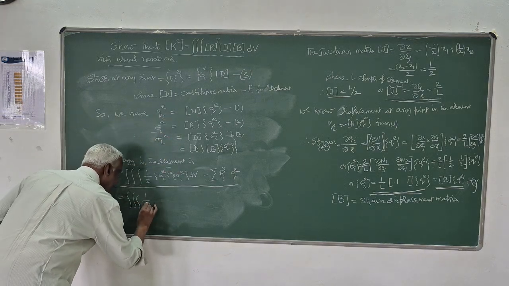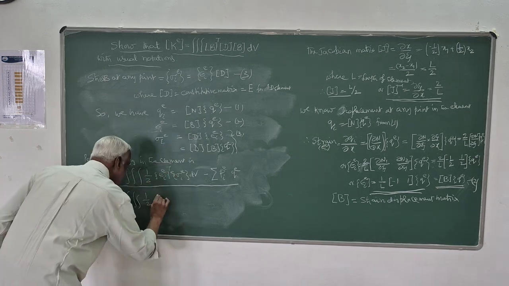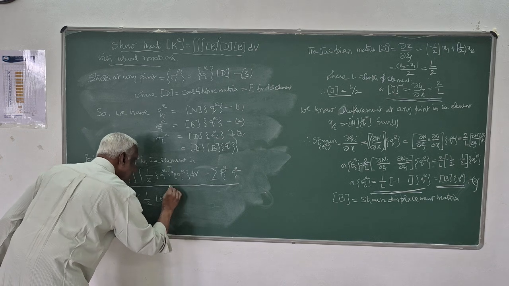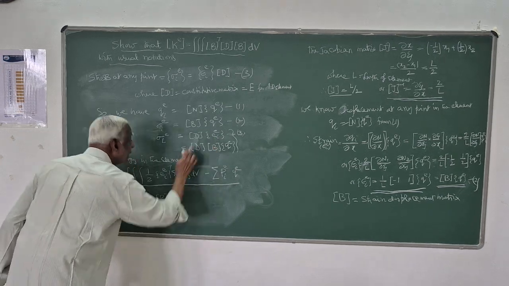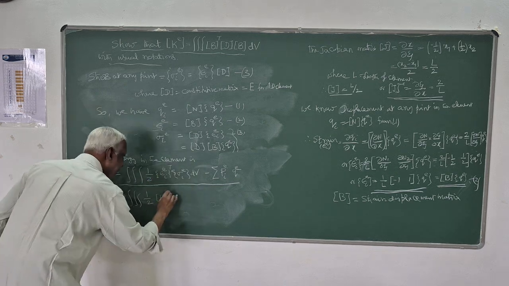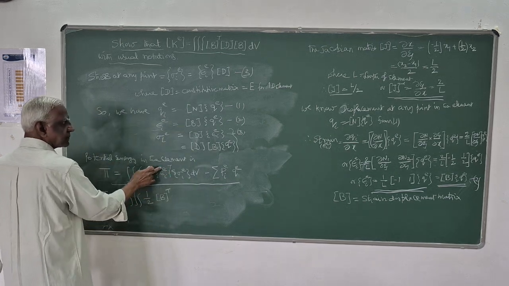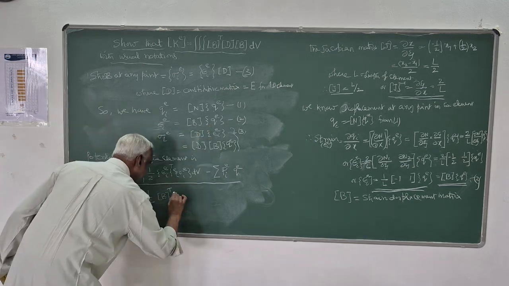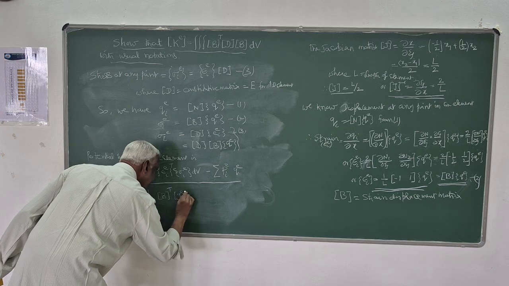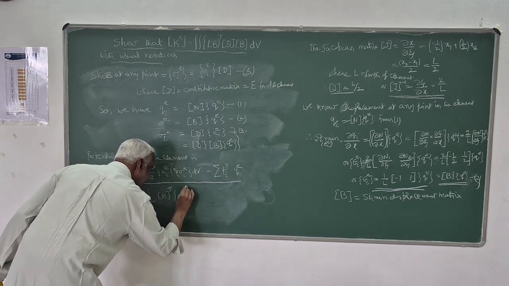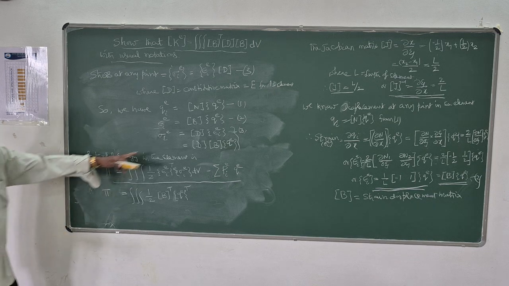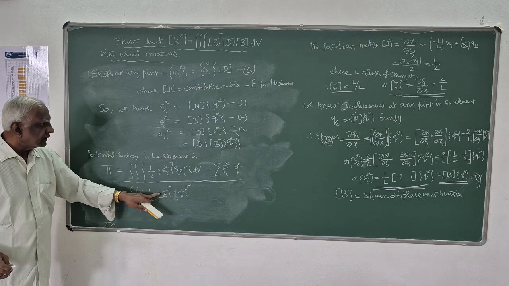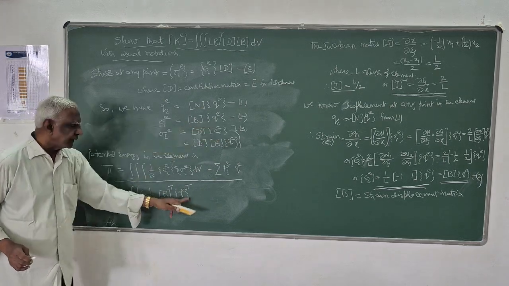That is nothing but half into epsilon is B QE, so epsilon transpose is given by B QE transpose, that is QE transpose BT.